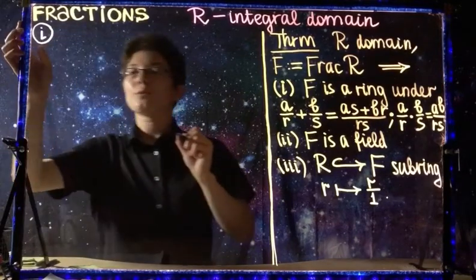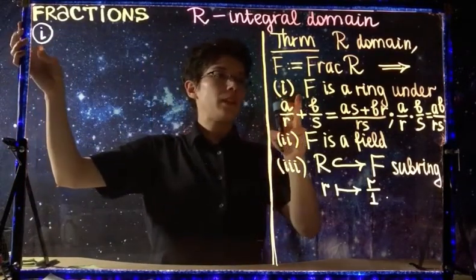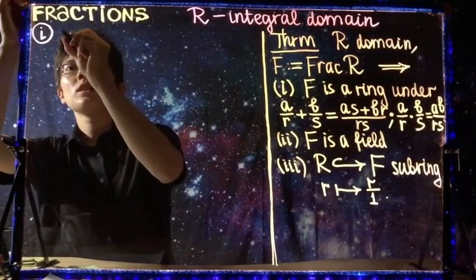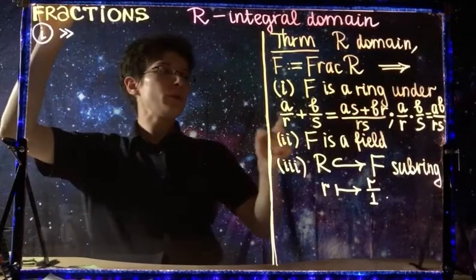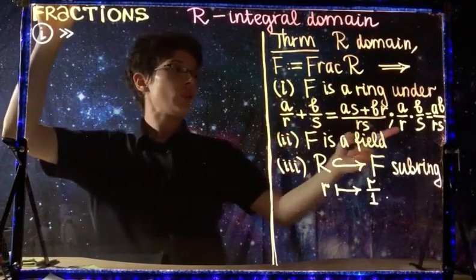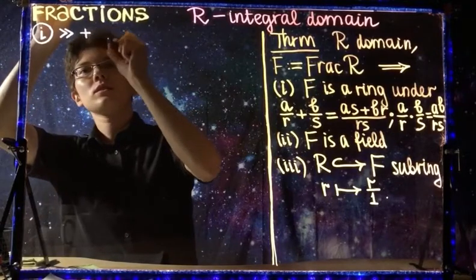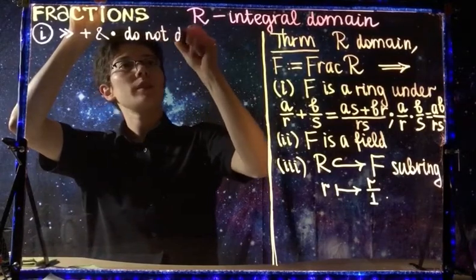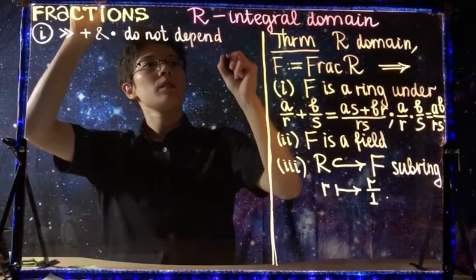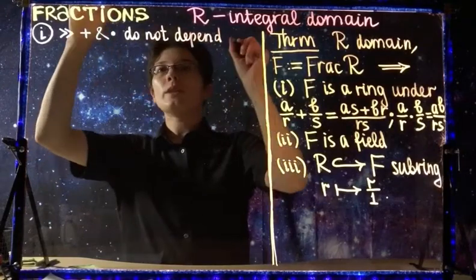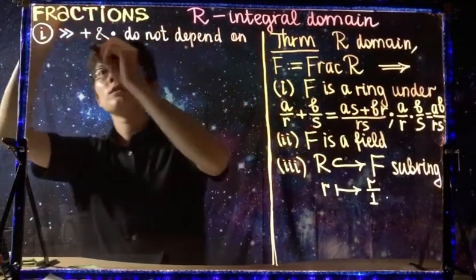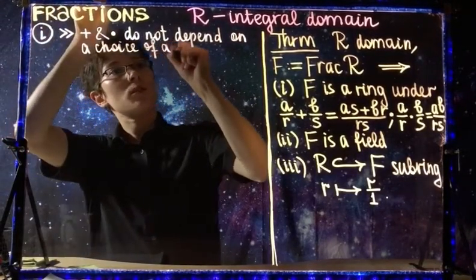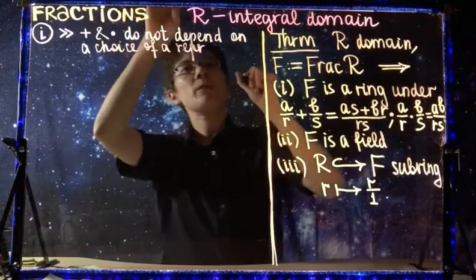Now we are ready to start proving the first part, that F is a ring. So again, you would have to prove that addition and multiplication are well defined, that the result of these operations does not depend on a choice of a representative from the equivalence class.